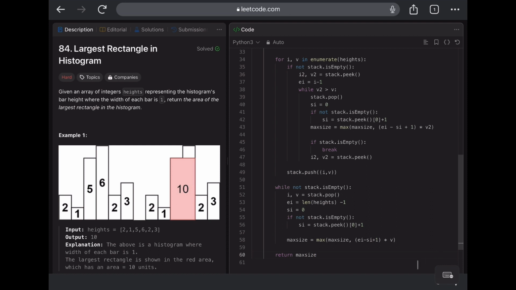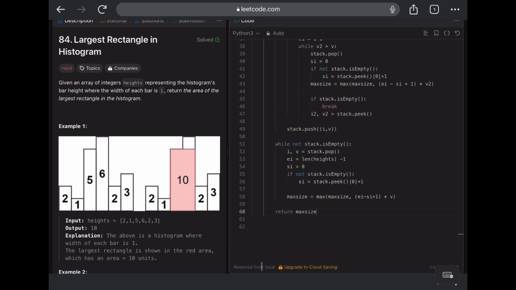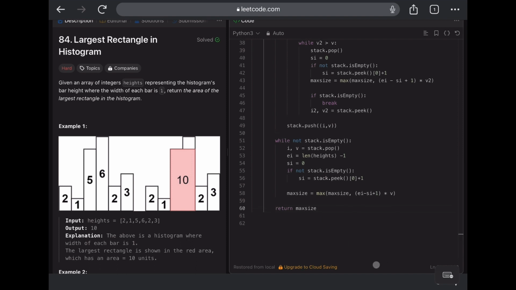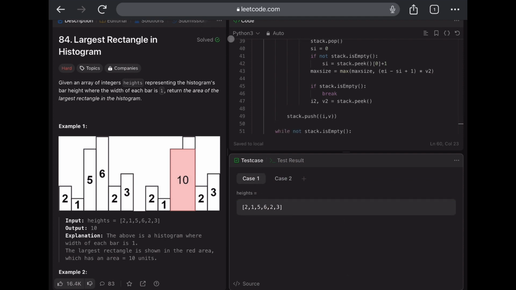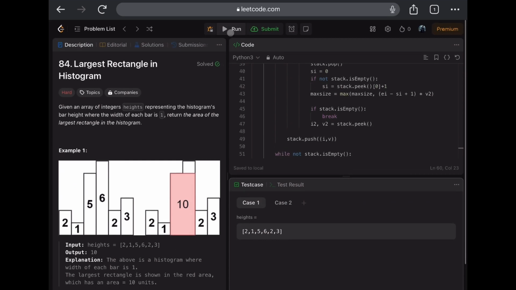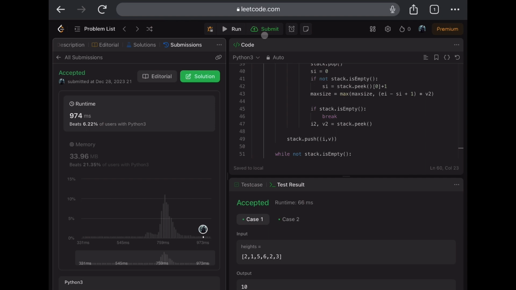Now let's try to see if this runs or not. Okay, it's accepted. Now let's submit our solution. Okay, great. Looks like we've solved the problem.